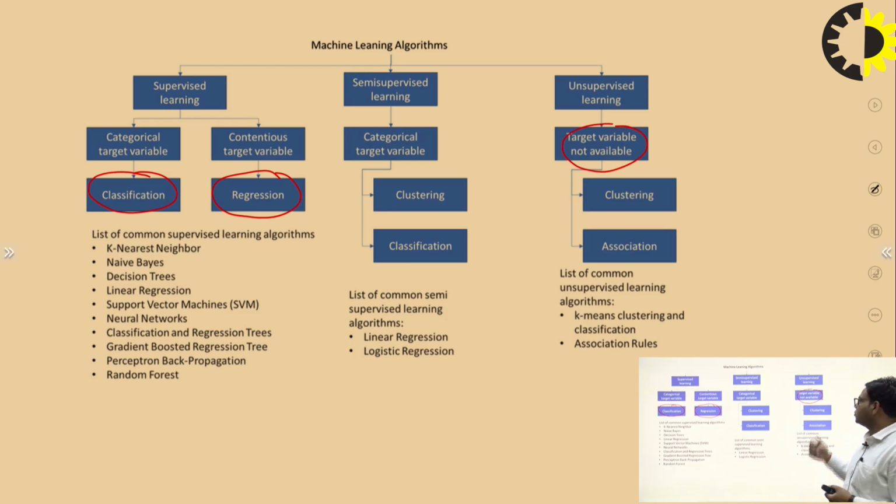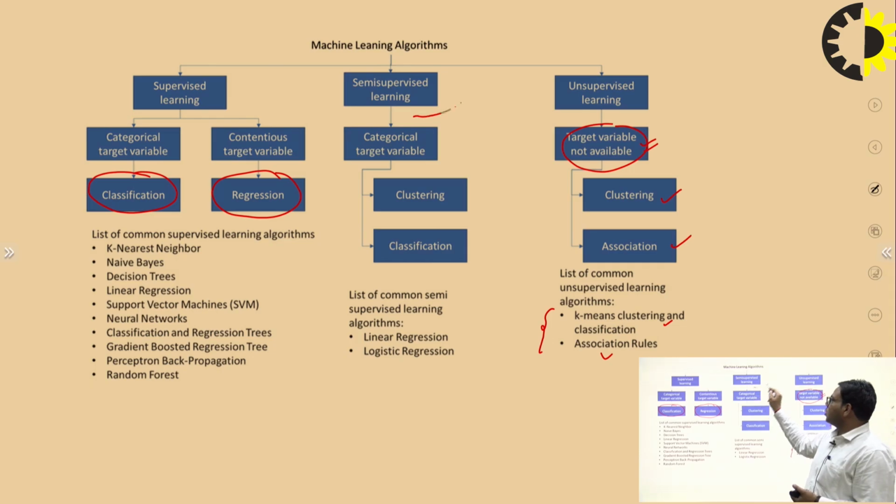Many times we do not have the outcome of the provided data, so for that we use clustering and association. These are the two techniques we have already studied in data science as well. The commonly used algorithms are K-means clustering and association rules for these two types of methods in unsupervised learning.